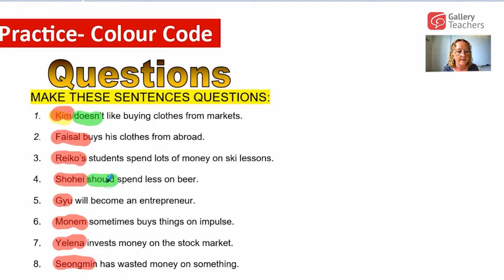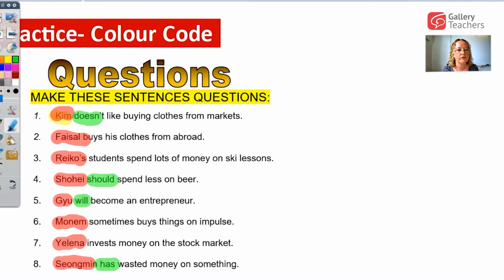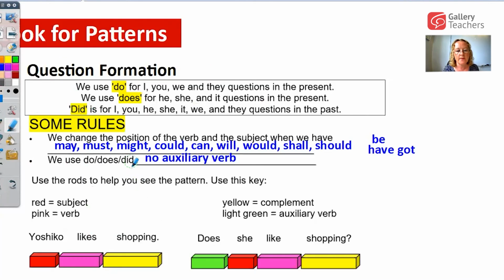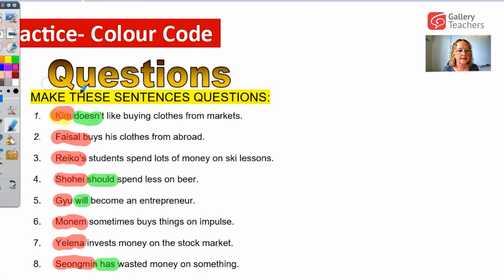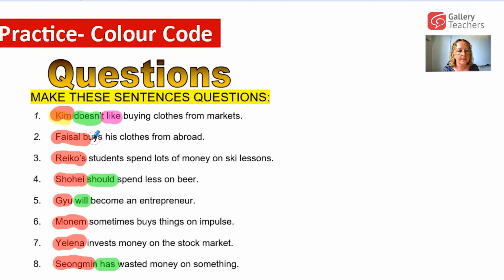I've got one here and here. Not here, not here. Oh, has wasted. There's an auxiliary. So I've got the green in there. And then if I go back, I can see that I needed the pink for the verb. So I've got like, buy, spend.